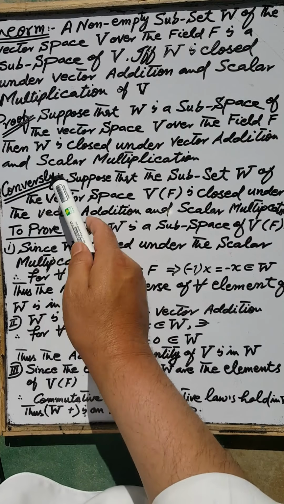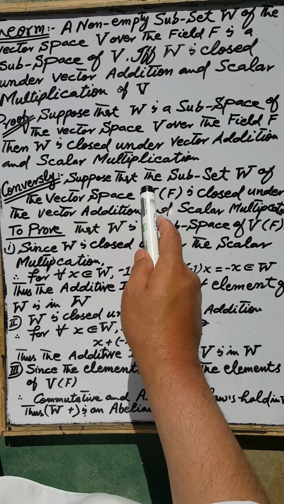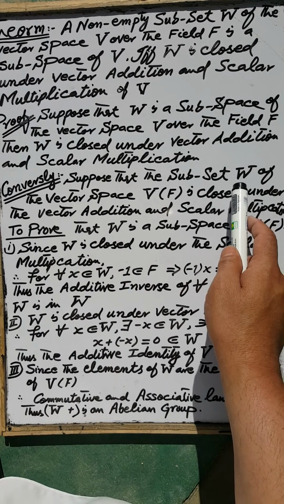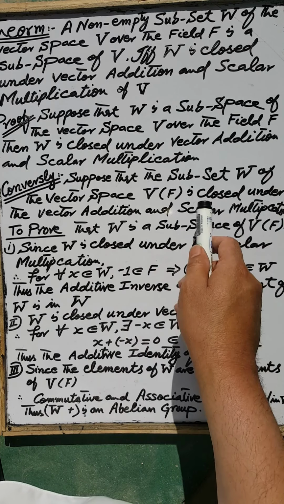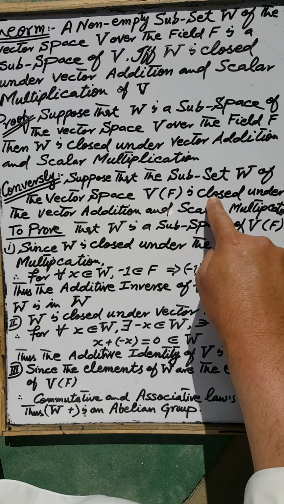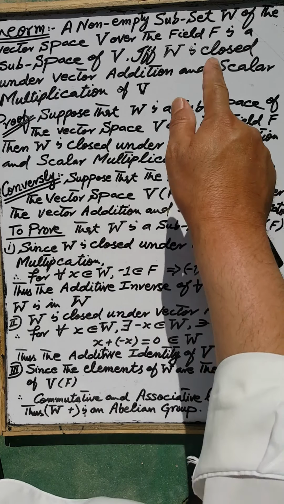To prove the converse of the above theorem, suppose that W, a subset of the vector space V over the field F, is closed under the vector addition and scalar multiplication.